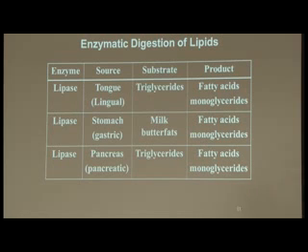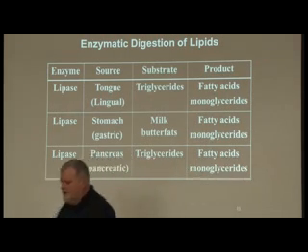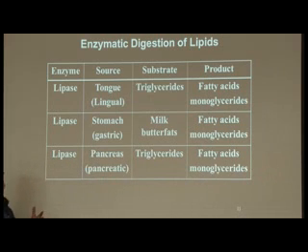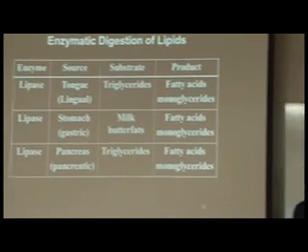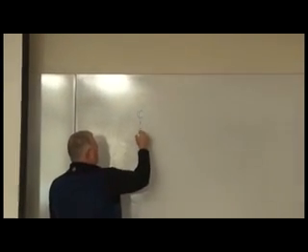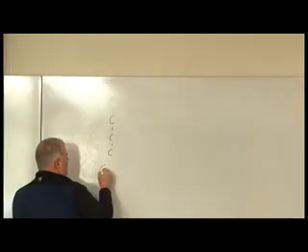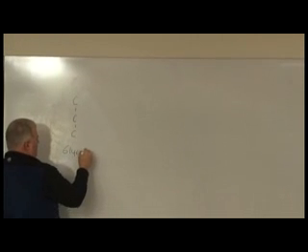So fats typically are ingested in the form of triglycerides, although we do get some monoglycerides and diglycerides. So remember that a triglyceride is a complex molecule made from a 3-carbon molecule that we call glycerol.